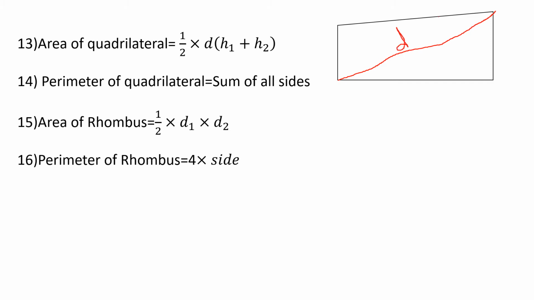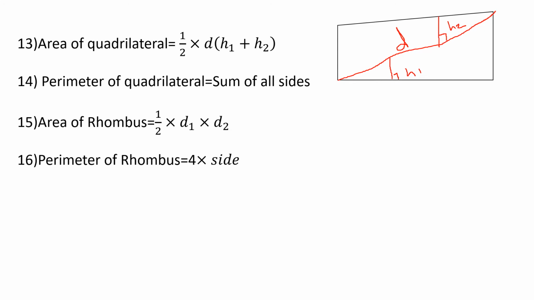So this will be one height and this will be another one. We can take this as height 1 and this as height 2. So what will be the formula for the area of a quadrilateral? Half into diagonal into h1 plus h2, that means height 1 plus height 2.